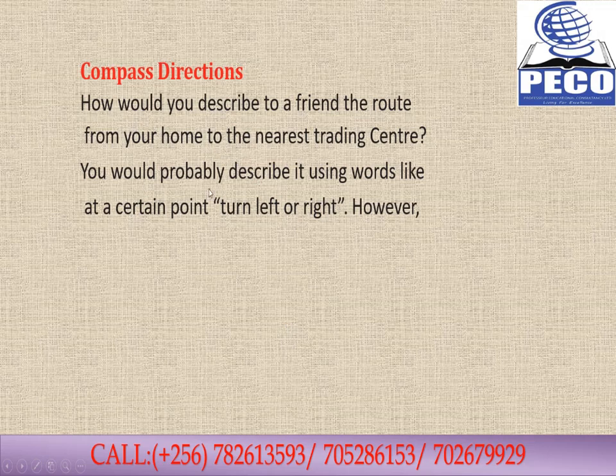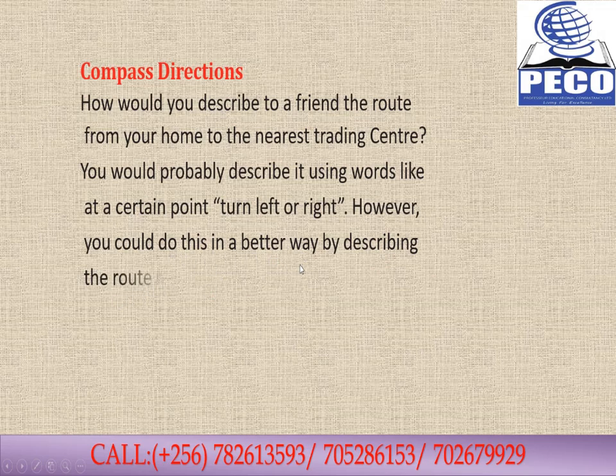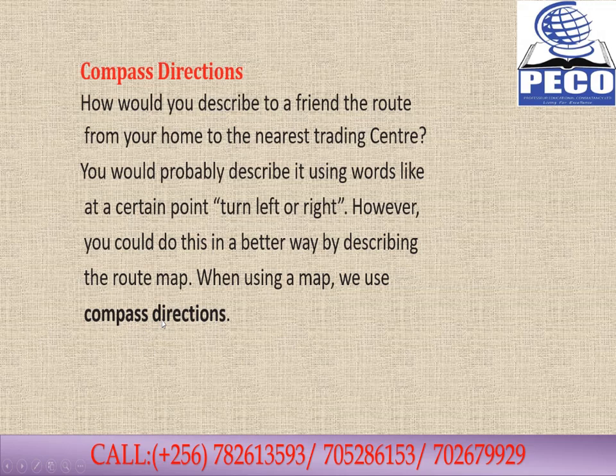That is how we, in our day-to-day living, direct our friends on phone, especially if you want them to come and visit us. However, when we are using maps, we can do this in a better way by describing the routes on maps using what we call the compass directions.